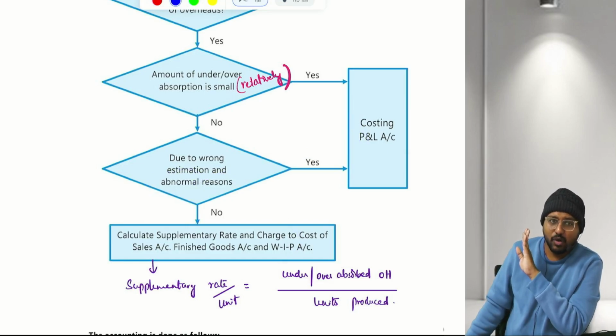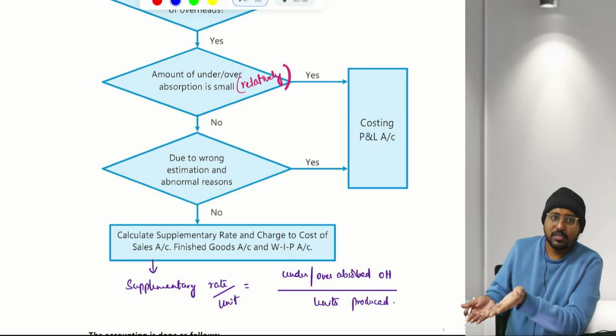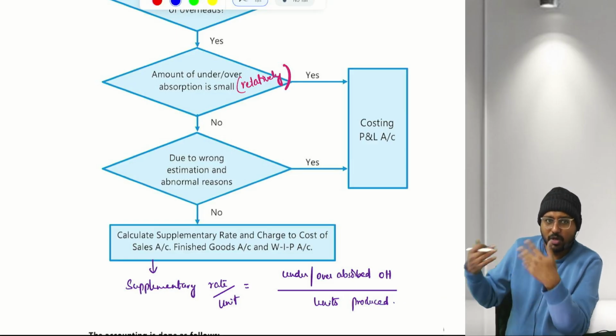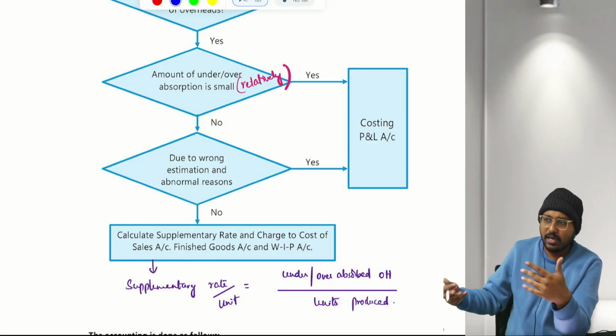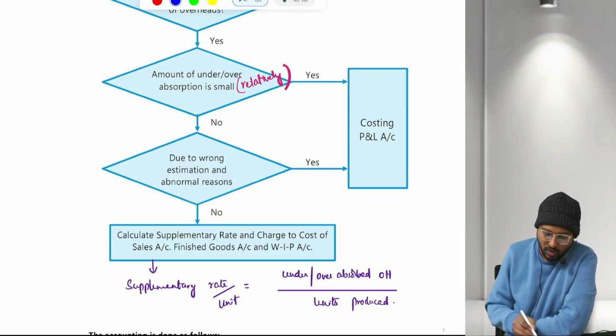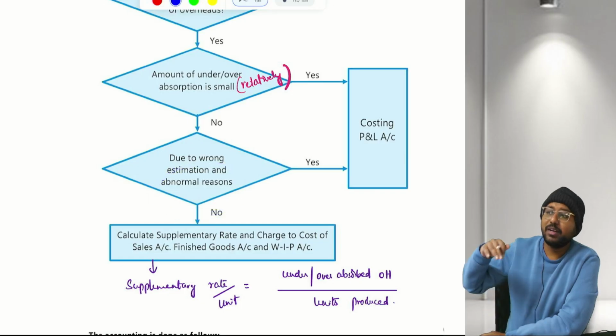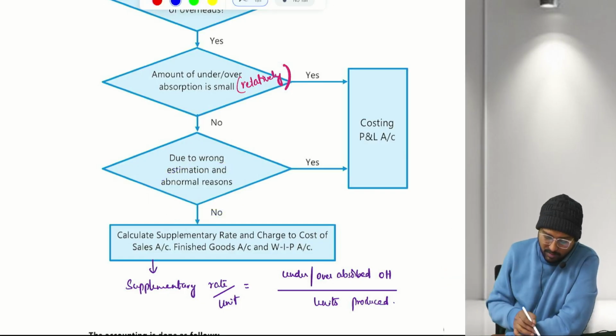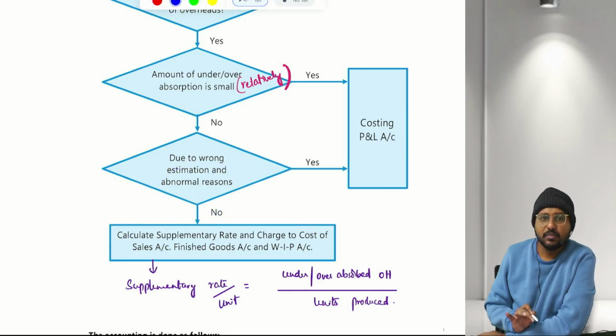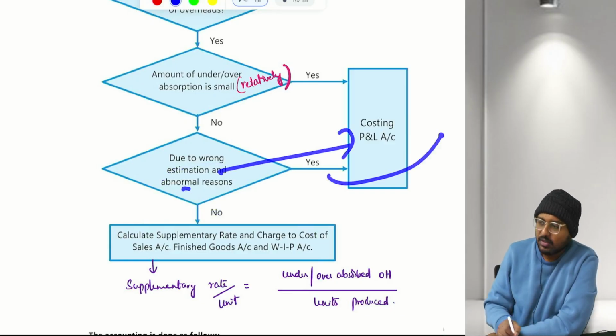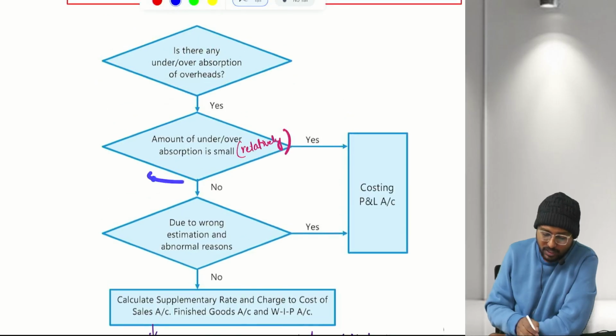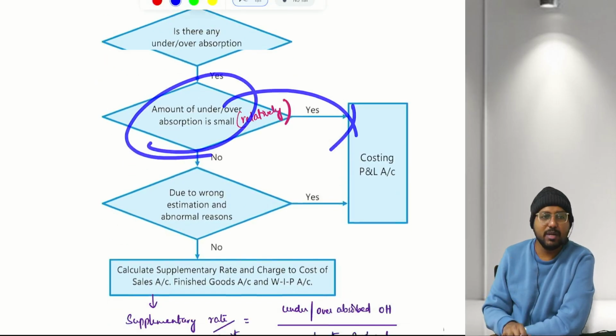We'll increase the cost of the finished goods. Normal loss will be absorbed by good units. If it is abnormal, it will be debited in the costing P&L account. If it is non-material, then also it will be debited in the costing P&L account.